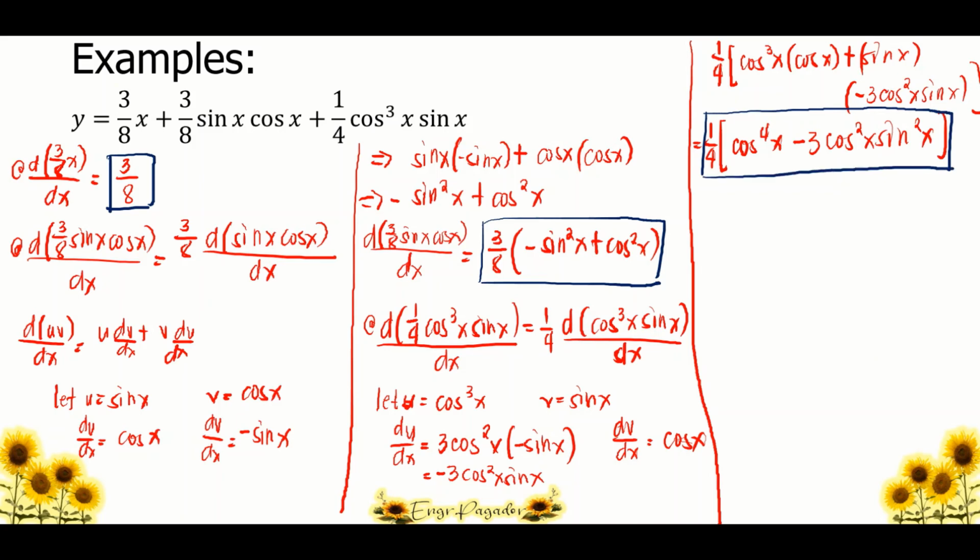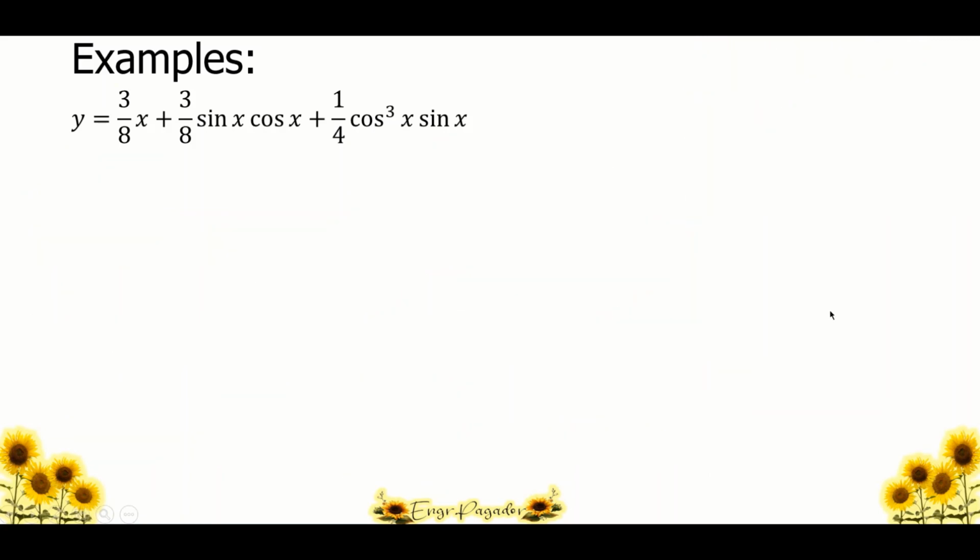So, we can now solve the derivative of our whole function by substituting these values. We will continue on the next slide. So, dy over dx is equal to 3 over 8.